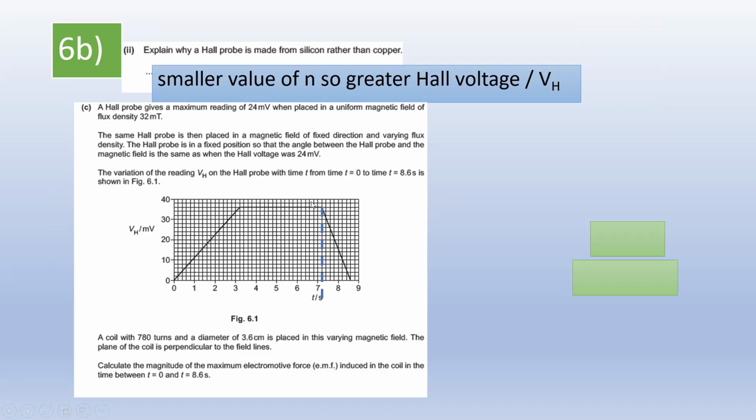So you want to find maximum EMF. Maximum EMF is the slope, that slope. So I'm using the Hall voltage as that one, 36 millivolt. I'm using the magnetic field. Magnetic flux density is proportional to Hall voltage.